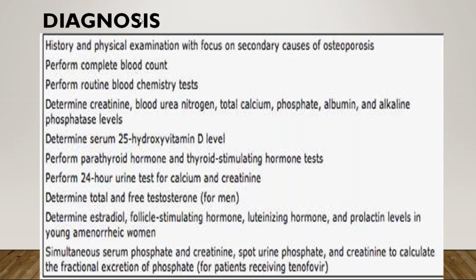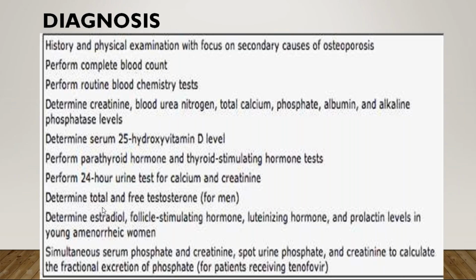Diagnosis: we have to do a routine history and physical examination. We have to do a complete blood picture and biochemical tests, and we go for blood urea nitrogen and calcium levels. We have to see phosphate and alkaline phosphatase also, and vitamin D levels and parathormone, because parathormone mainly acts on osteoclasts, that is the bone resorption cells, and thyroid function tests, that is T3, T4 and TSH also, and a 24-hour urine test, that is calcium and creatinine levels, we have to check.